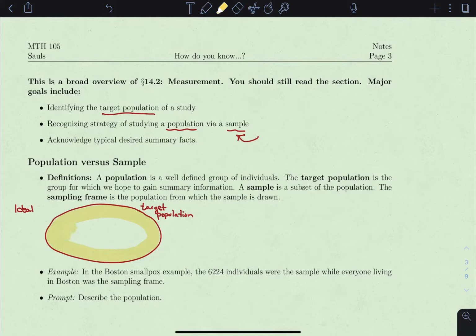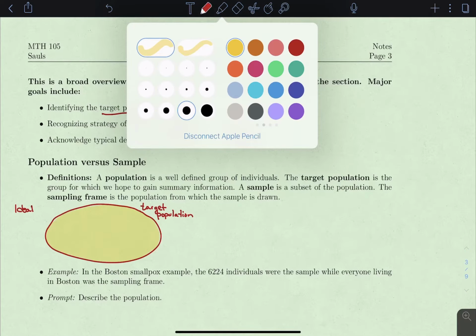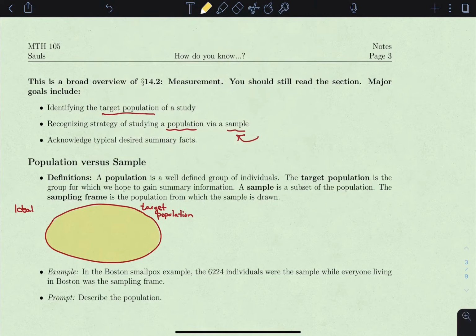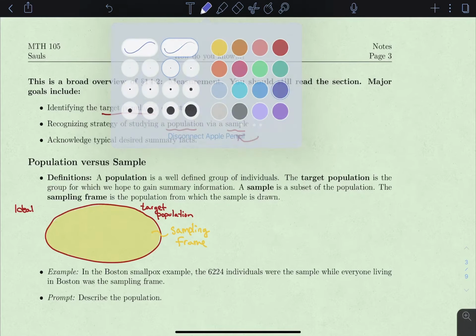That is, it's possible that any member of the target population could be sampled. And then you just sample some subgroup.